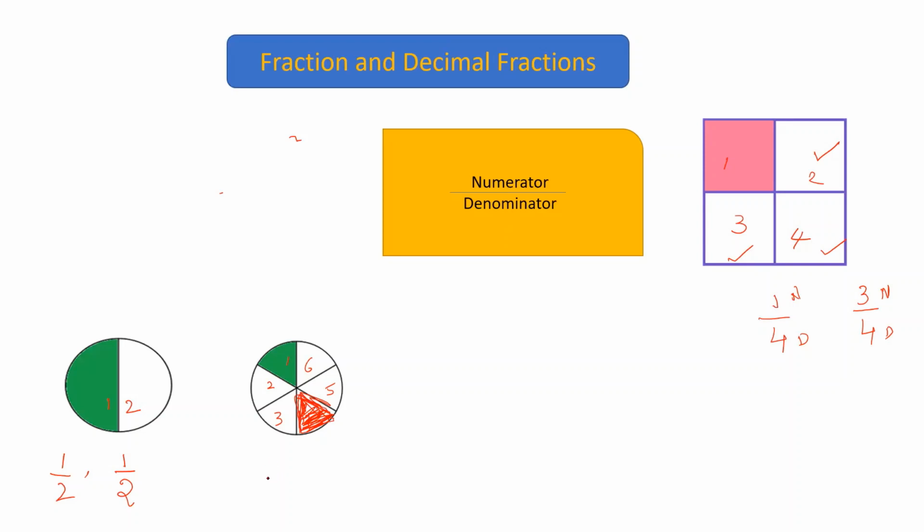In the denominator, what do we have to write? 6, right? 1 and 2 parts are shaded, so 2 by 6. Now what is the fraction for the unshaded parts? 1, 2, 3, 4. Right? 4 by the total parts 6. 4 by 6 is the fraction of the unshaded parts.